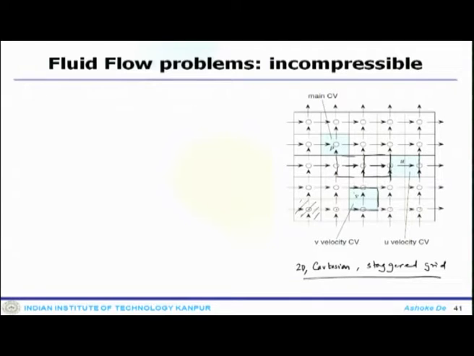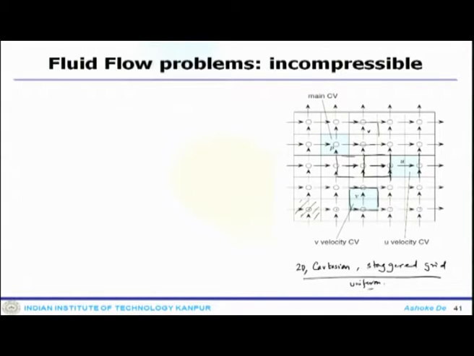If you see, v is also stored at the face, because these are components of v. Which means your pressure and velocity are shifted by delta x by 2 and delta y by 2, if you think about a uniform grid.